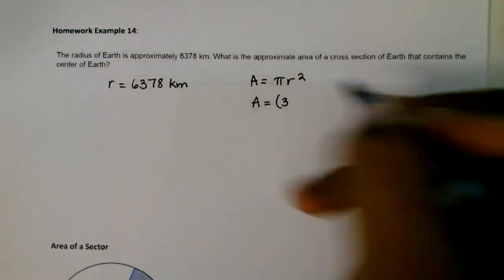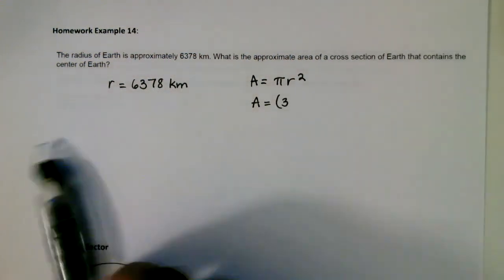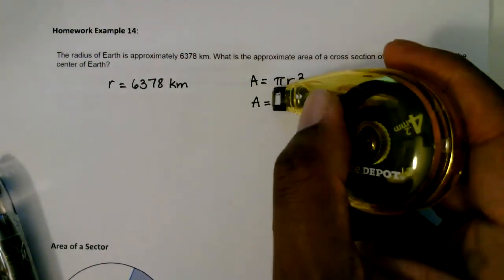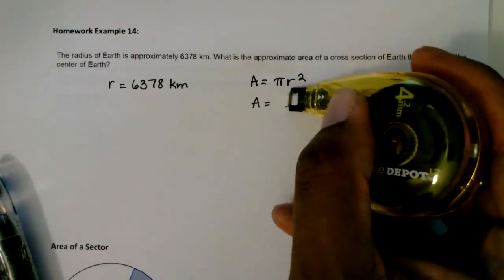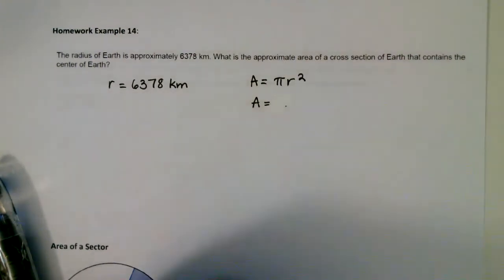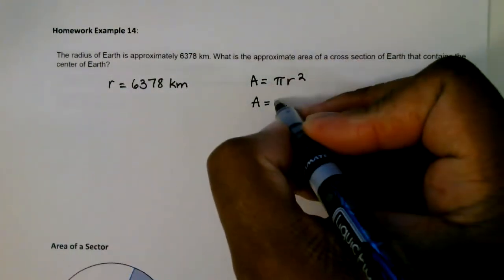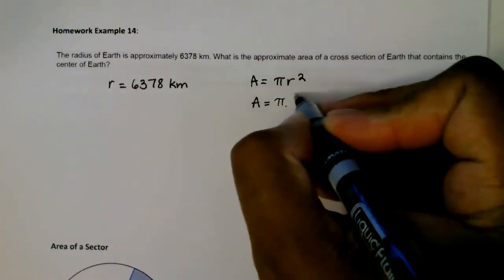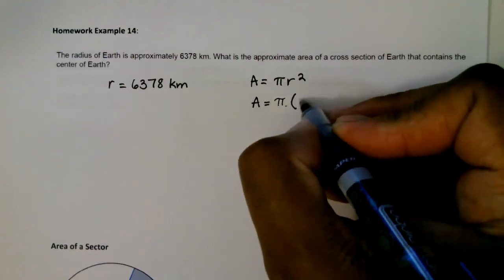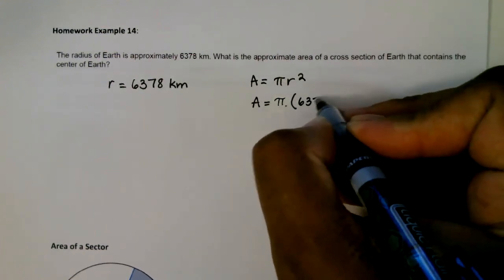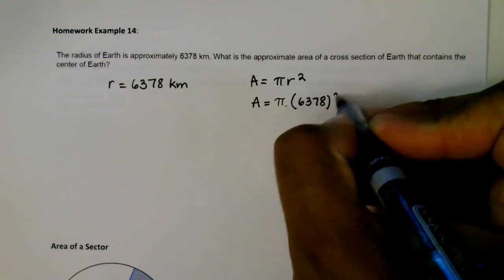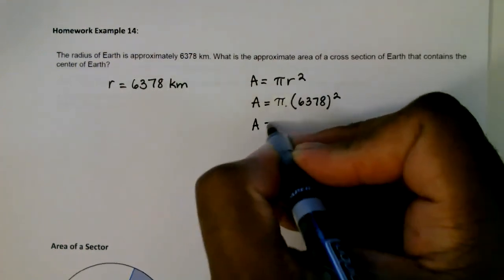And I think your calculator does have a pi, depending upon what calculator you use. I'm using a TI-84 Plus. It does have pi on it, so that'd be pi times 6,378, and that's going to be squared.